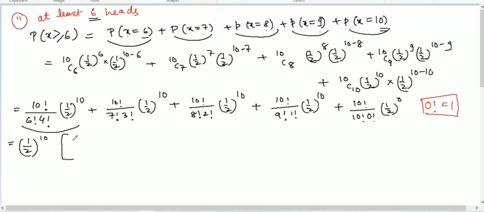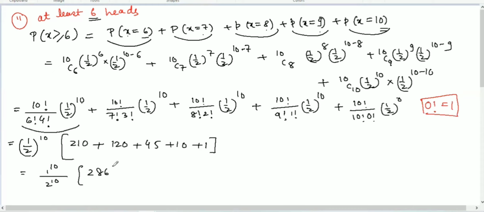You will get 210 plus 120 plus 45 plus 10 plus 1, over 2 to the power 10. If you add it, it will give you 386, over 1024, as 2 to the power 10 gives you 1024.